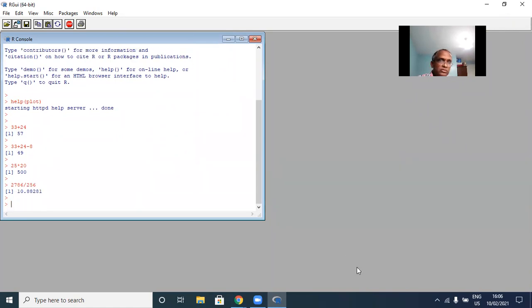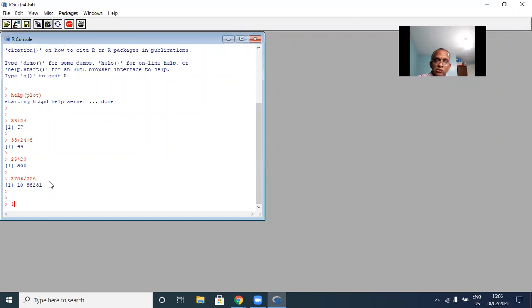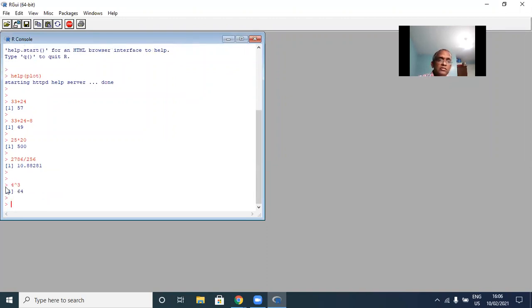So it's 2786 divided by 256, right? Okay. And if you want to exponentiate something like 4 power 3, this is the symbol you use. So 4 raised to the power 3 is 64, right?